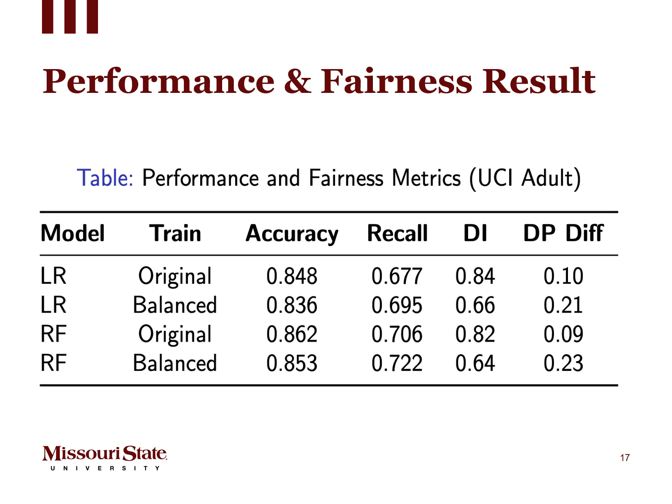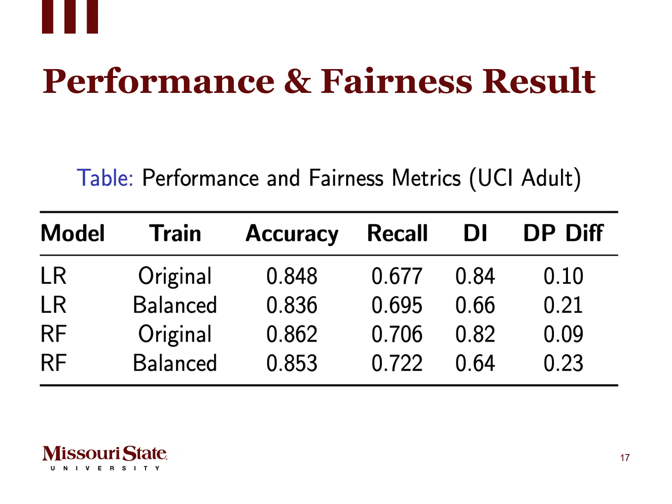For the original set, DI stays around 0.82 to 0.84, suggesting less obvious bias. But once we balance or create counterfactual examples, DI falls to around 0.64 to 0.66, well below the 0.8 threshold.